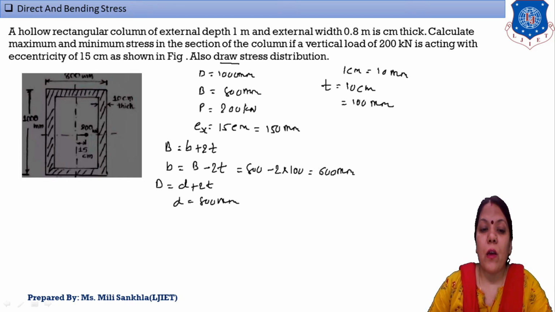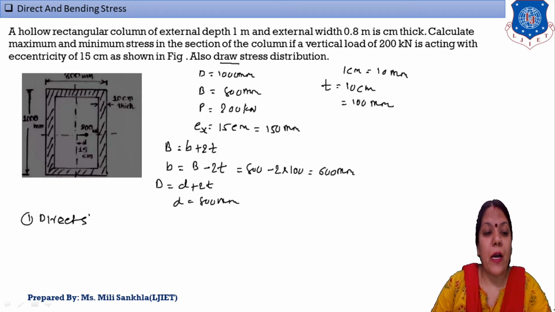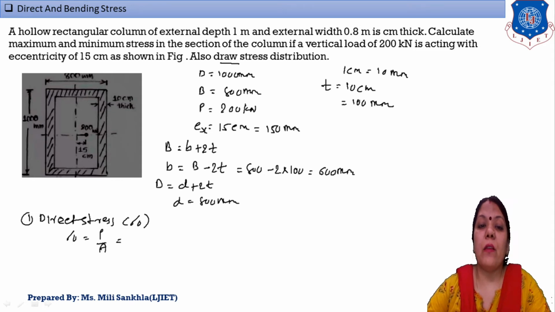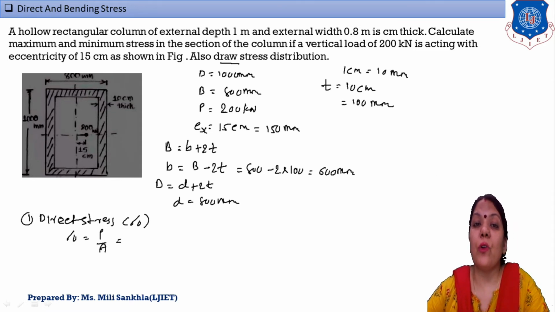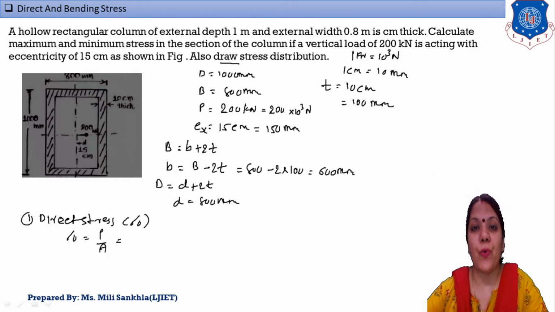Now the first value we find out is direct stress. Direct stress sigma 0 is equal to load divided by area. The load is given in kilonewton, so convert into newton: 200 into 10 raised to 3 newton, because 1 kilonewton is equal to 10 raised to 3 newton.